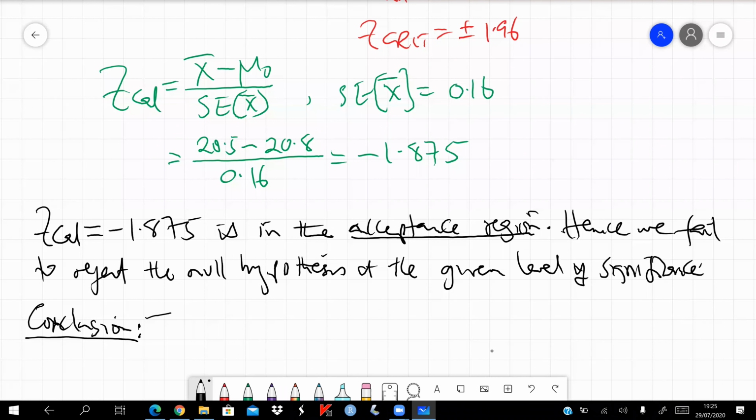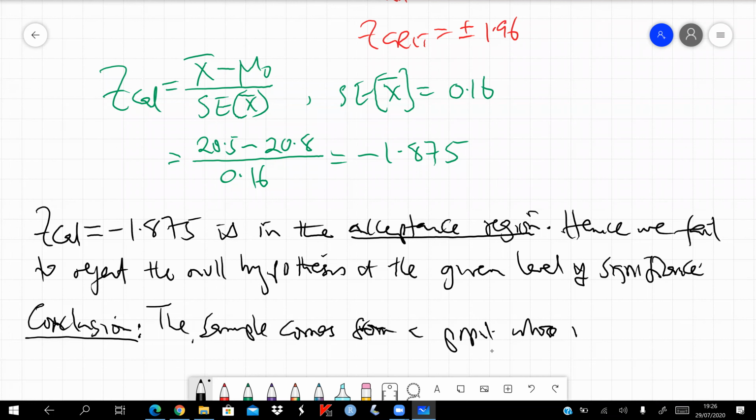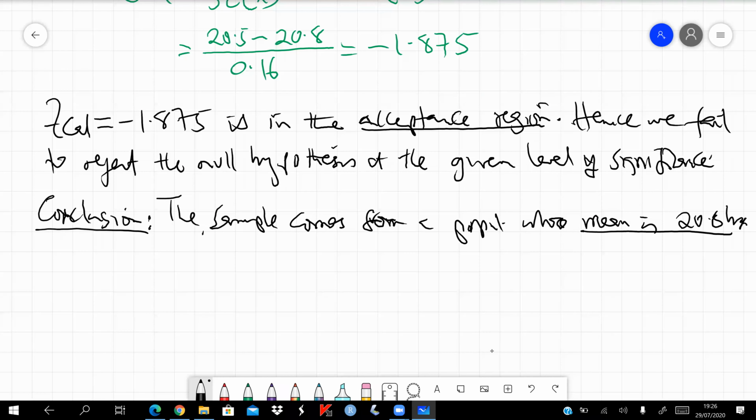So we conclude that the sample comes from a population whose mean is 20.8 hours. Sometimes we say it's not different from 20.8 hours. So basically that's how you conclude.